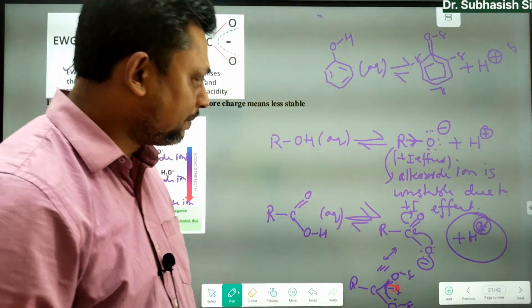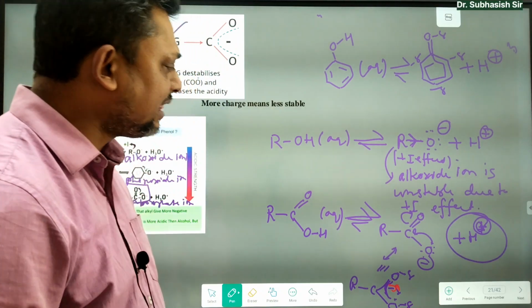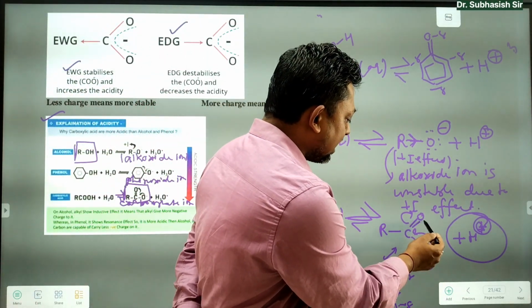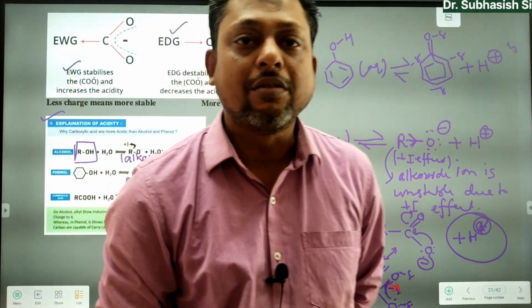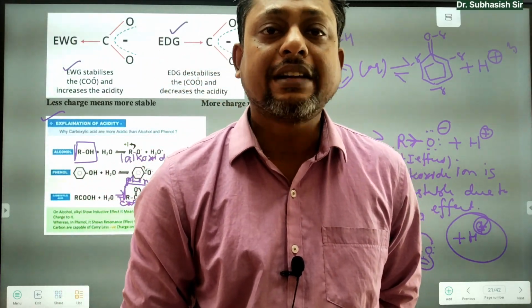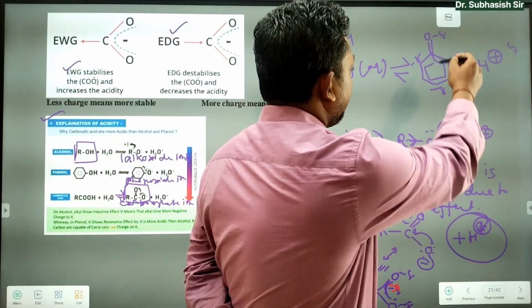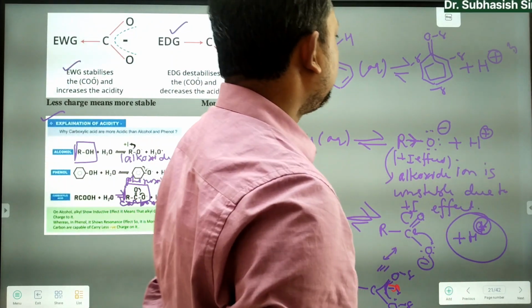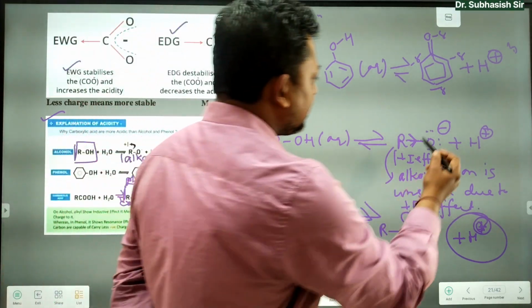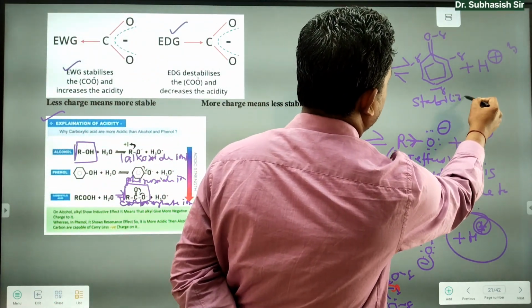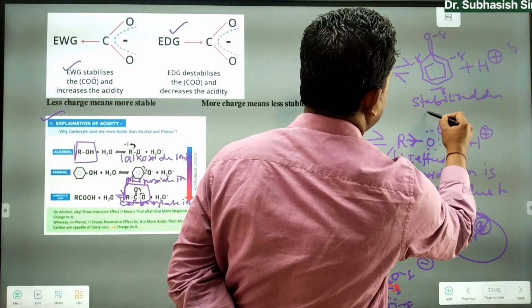Why? I will explain in the next slide. But one thing you always note, in case of carboxylic acid, there are two electronegative oxygen atoms. So there is strong electron withdrawing effect. And in case of phenol, only one oxygen is there, and phenol is also stabilized due to resonance.